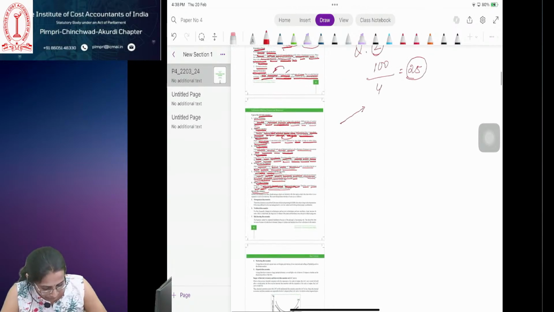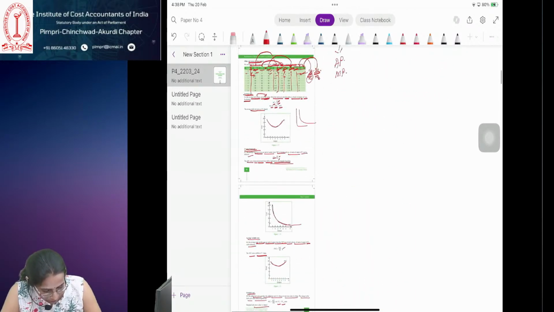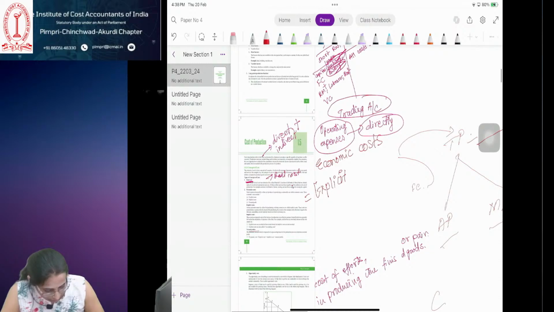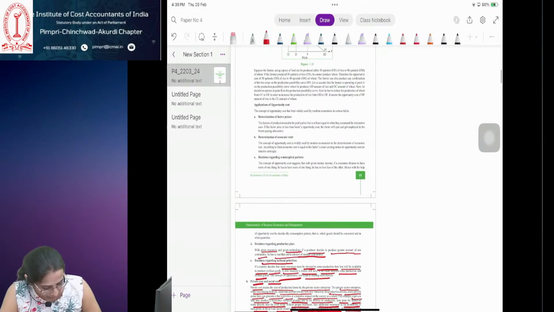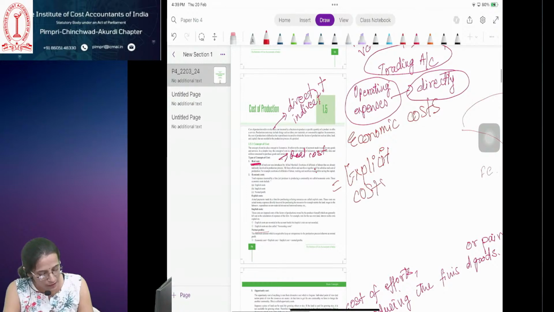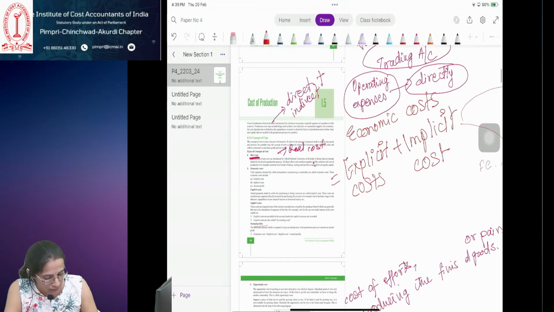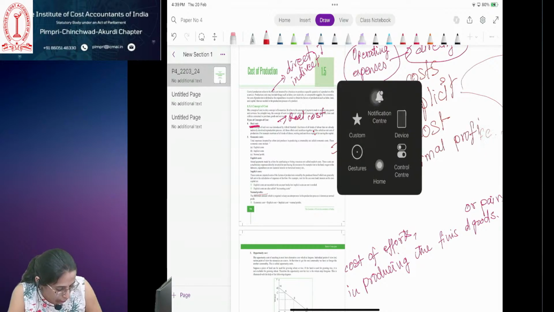See, we were discussing economic cost. So what is economic cost? Economic cost is explicit cost plus implicit cost plus normal profit.